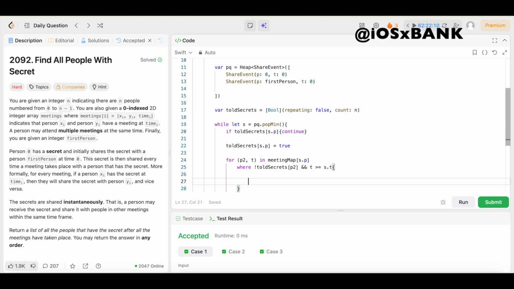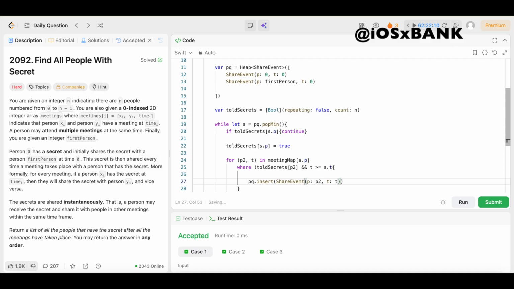Then we are going to schedule an event where the secret is shared at time t. So we can say pq dot insert, open up the parentheses, ShareEvent, open up the parentheses, p colon p2 comma t colon t.